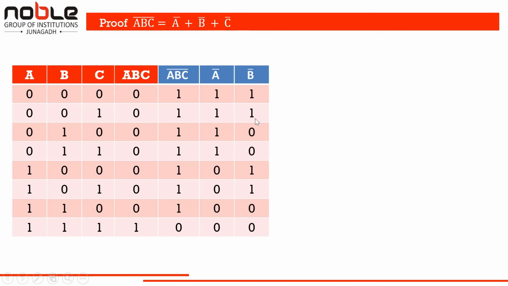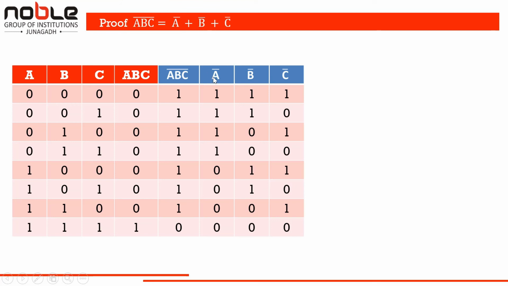The B bar value is 1 1 0 0 1 1 0 0, and it is totally the inverse value of B. And finally we can put the value of C bar, and the C bar is totally the inverse value of C. Now we have to get the result of A bar plus B bar plus C bar.